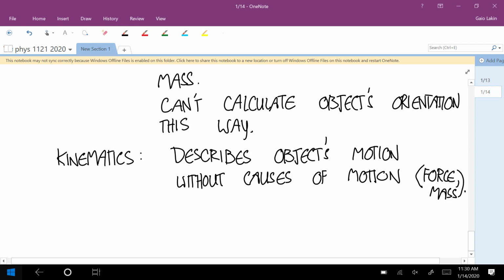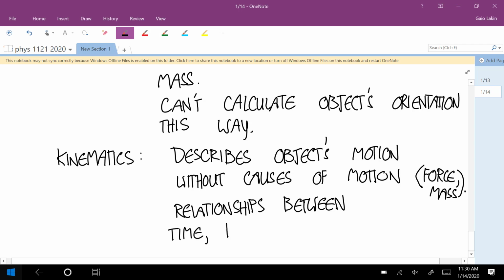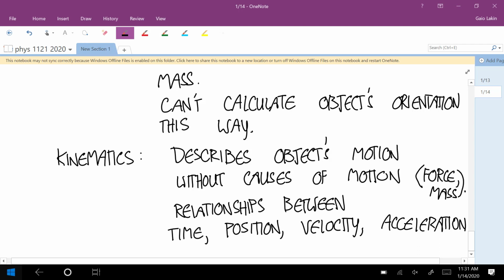Another way you can think of this is it's just relationships between time, position, velocity, and acceleration. So that's all we'll be doing in this first topic, is dealing with those four things and a couple of closely related things.